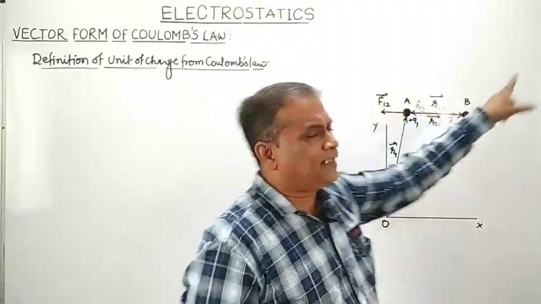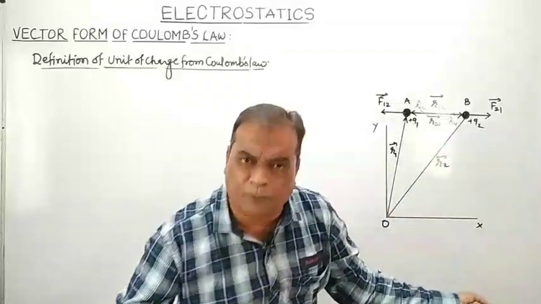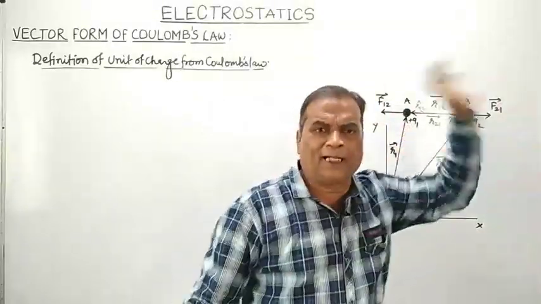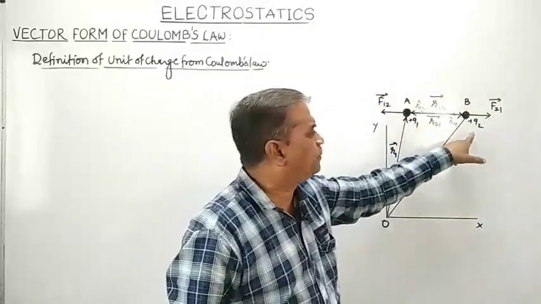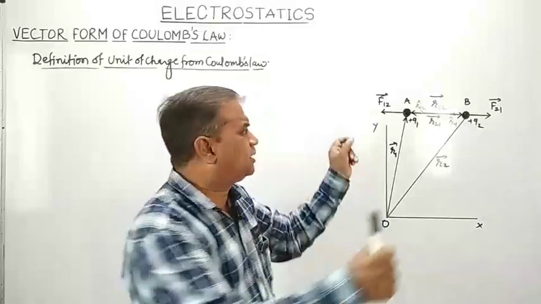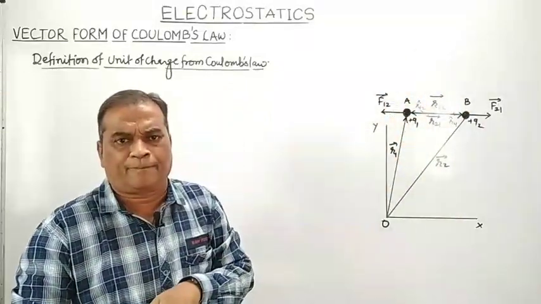So let us consider we are having two similar point charges q1 and q2, both positively charged, shown by dark circles. They are kept at point A and B.